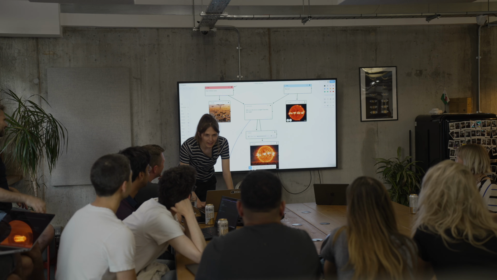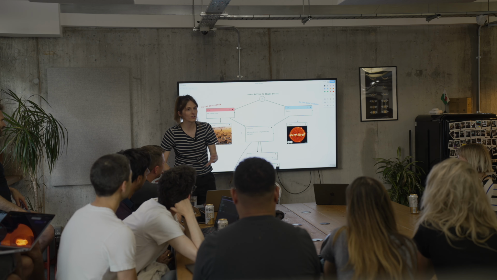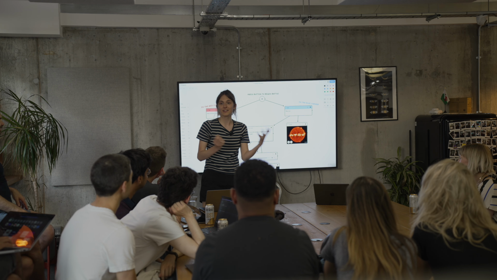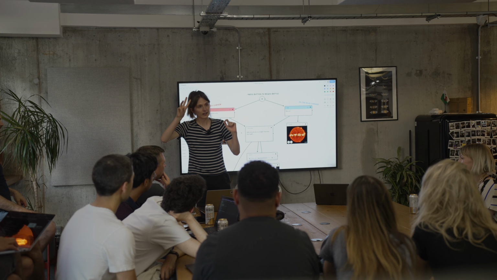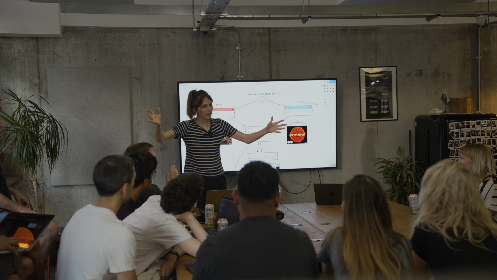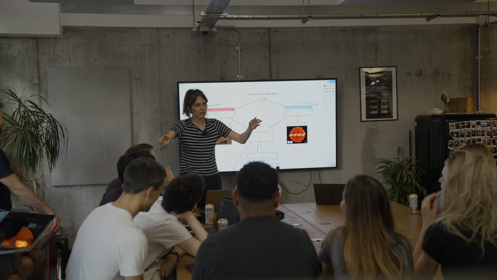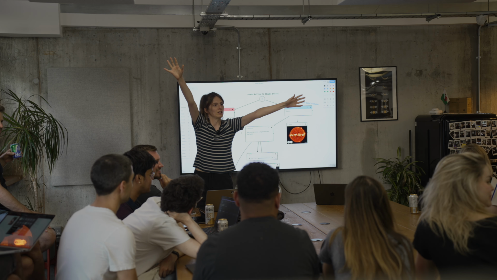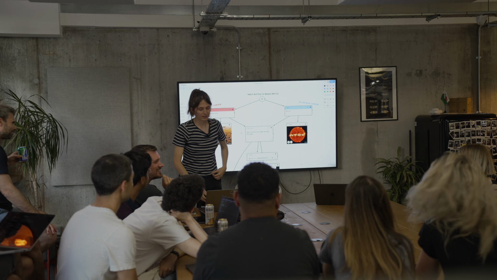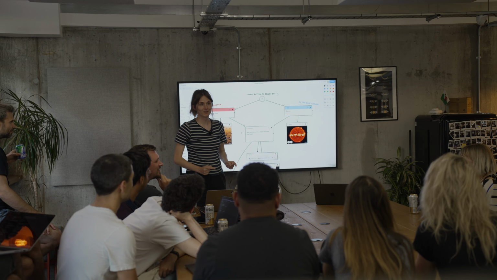So does anyone have any ideas of something that could potentially defeat the sun? I'm going to do the counting thing. 3, 2, 1. Black hole. Black hole. We had some interesting ones at the back. Andromeda? A whale?